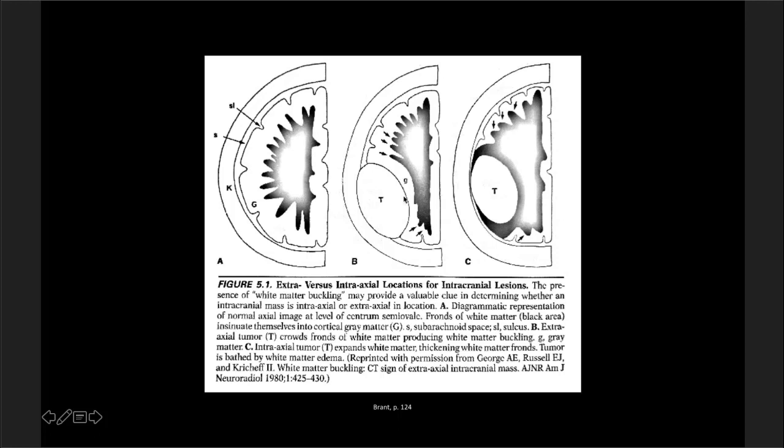So here we have an oval-shaped tumor, and this is arising outside of the brain parenchyma, and it's displacing the brain tissue inward away from the tumor. It's buckling the cortical gray matter. That's a sign of an extraaxial tumor. An intraaxial tumor arises inside the brain parenchyma, and that's going to be surrounded by brain parenchyma, and it's going to expand the white matter, and the white matter will wrap around the tumor.